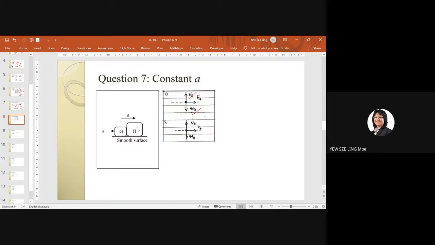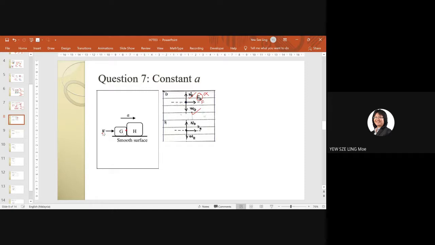Now, how about the force? Now you are pushing the object with an external force F. So you should label it as F, but not FG. So this is wrong. This one should be F. Now, if you look at the diagram, the 2 objects are in contact with each other. So what does it mean?